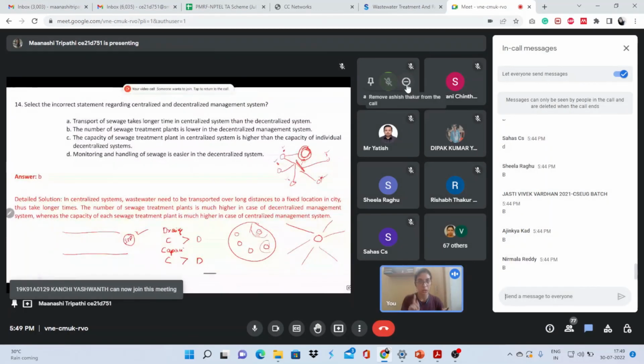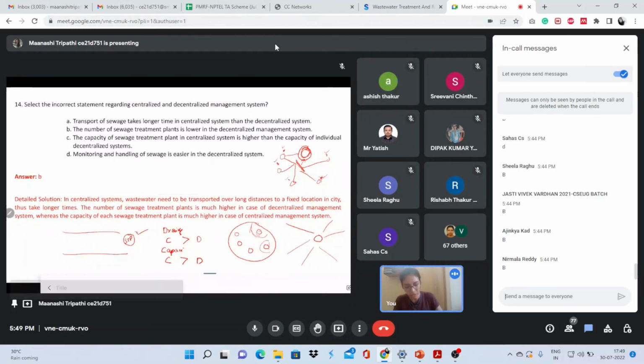Now talking about labor requirement. There are many things which we consider. Number of labors required for centralized, say for example, is 10.